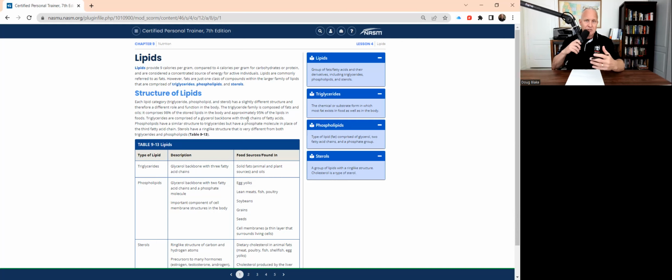Again, don't be eating 2 sticks of butter to get your saturated fats for the day. We also know that's not correct. So when you're going through a sub unit area like this, the lipids inside of chapter 9, it will probably take you about 30 minutes or so to run through this one area.